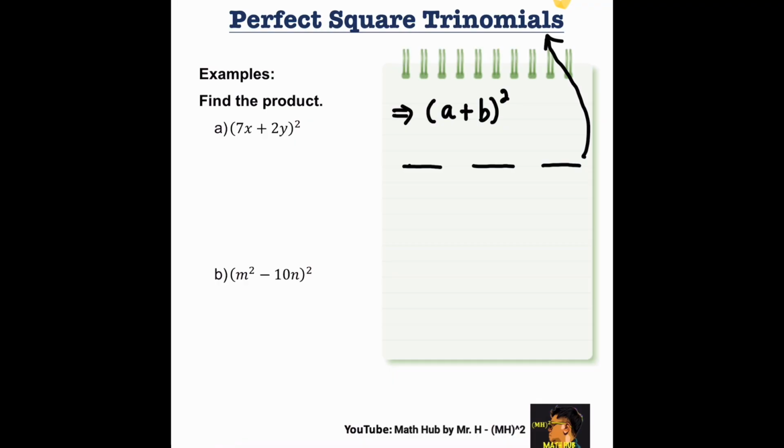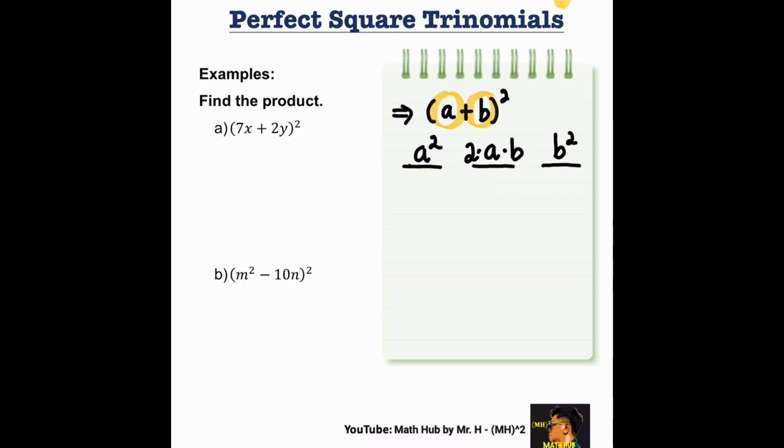Where are we going to get the terms? Easy. First, you take the first term and square it. That will be the first term of the product. Next, you take the second term, put it at the end, and square it. To find the middle term, you take both the first term and the second term, multiply them, and multiply it by 2 all the time. So this 2 right here is fixed.